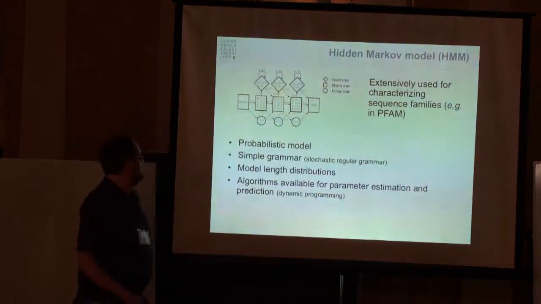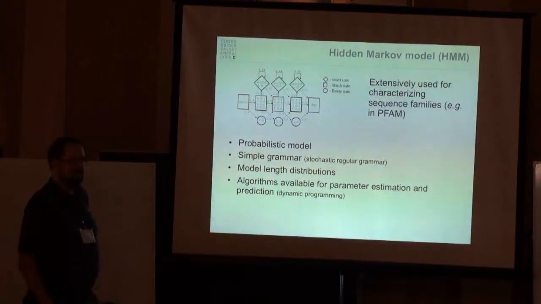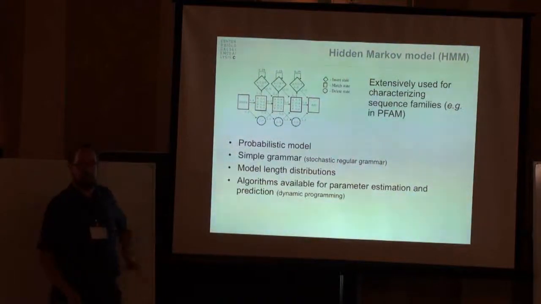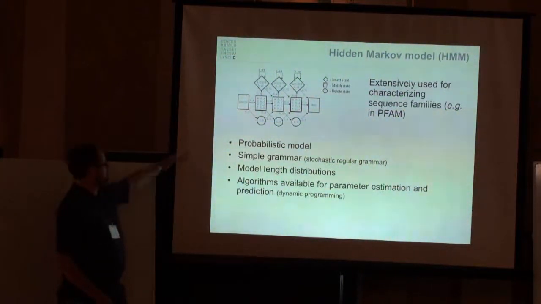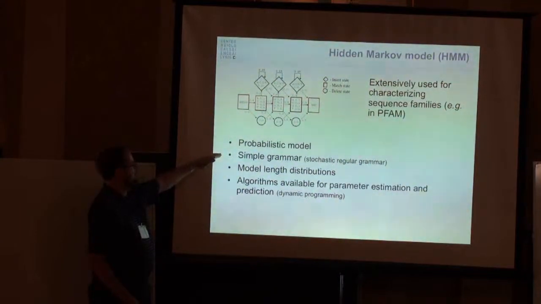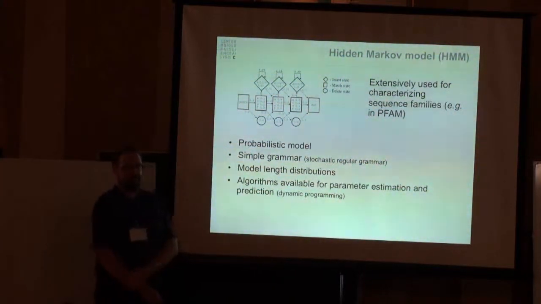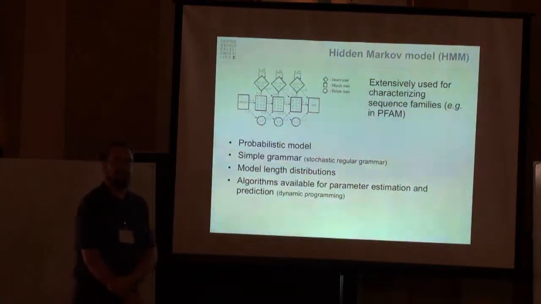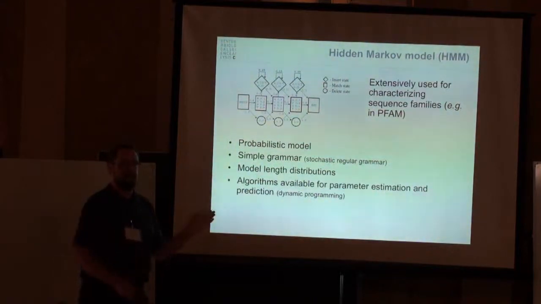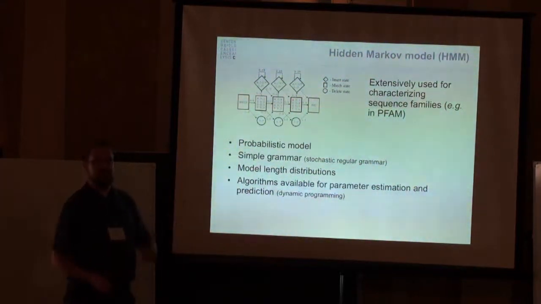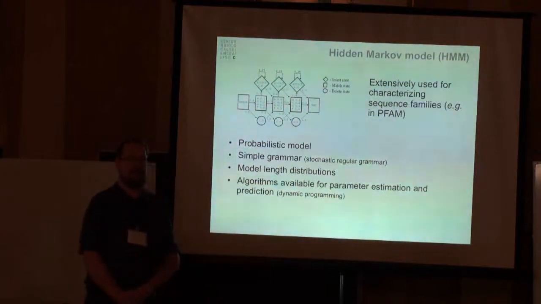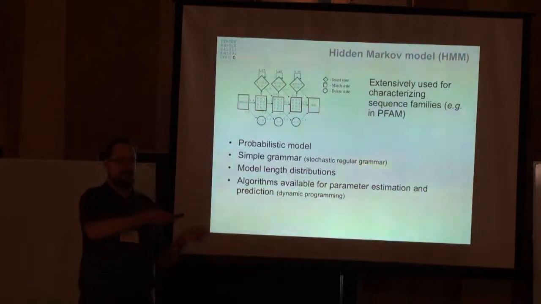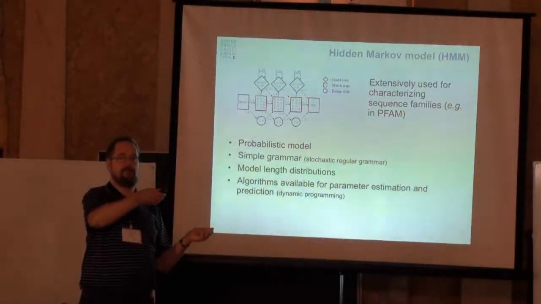The hidden Markov model has some advantages when compared to neural networks. It has a simple grammar, and this grammar is ideal for solving the topology problem of alpha helix transmembrane proteins, because you can specify that an internal loop must be followed by a transmembrane helix, which must then be followed by an external loop.